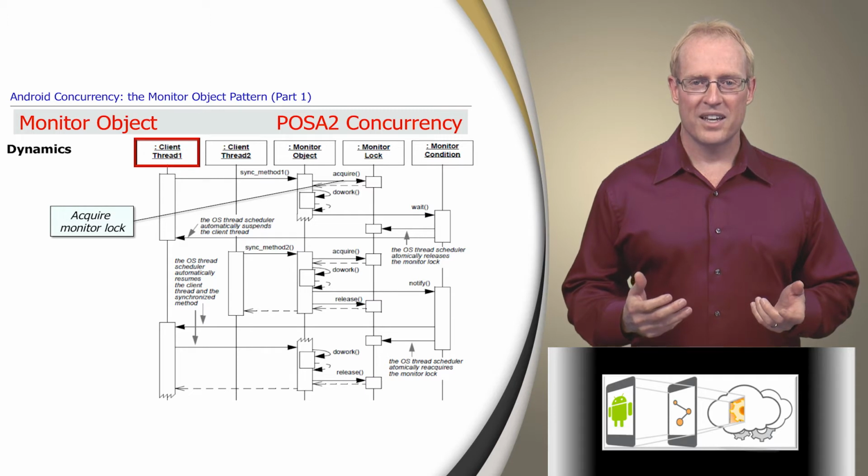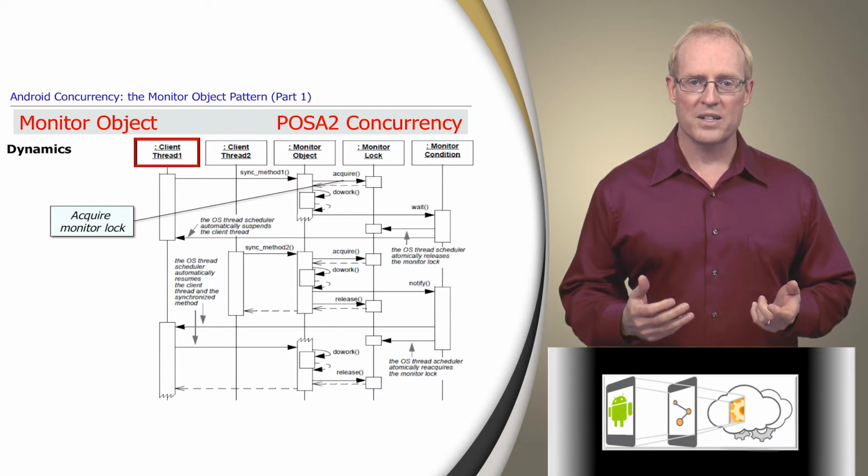In this case, client thread T1 will block until the synchronized method acquires the lock. After the synchronized method called by T1 is finished executing, the monitor lock is released so that other synchronized methods called by other threads can access the monitor object. For example, if thread T1 calls the synchronized take method on a LinkedBlockingQueue, it will block until it can acquire the takeLock.